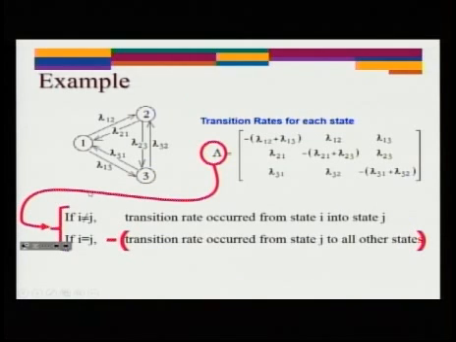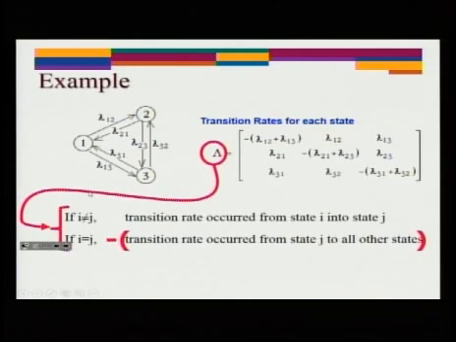So for the matrix lambda, off the diagonal elements, we typed in transition rates from state i to j. And on the diagonal, we typed in the transition rates from state i to all other states, and we put a negative sign to distinguish from all the other transition rates.